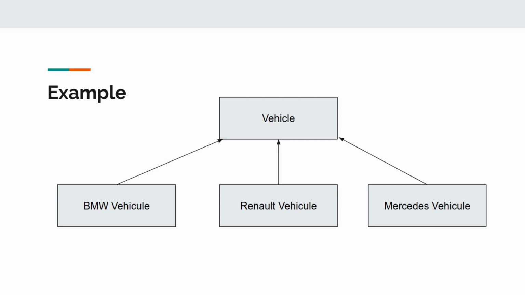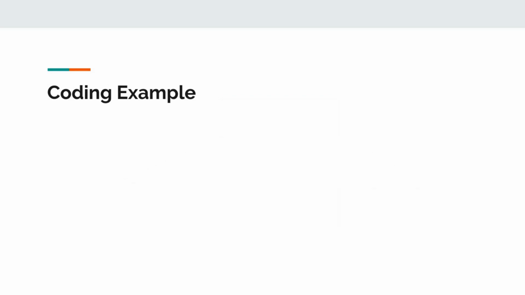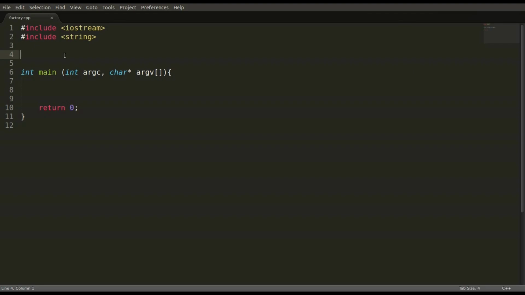So for example, with vehicles, we have a hierarchy of vehicles, and we have different vehicles. This is just an example, and we are going to code the same example.